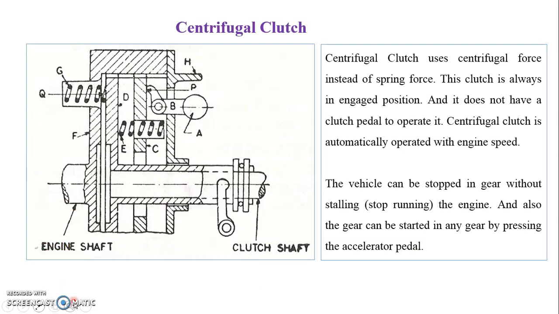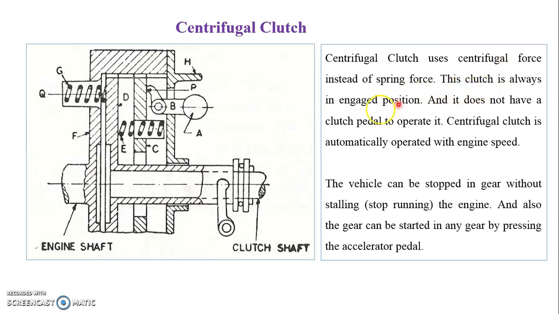The centrifugal clutch uses centrifugal force instead of spring force. In this case, spring force is avoided for the engagement and the disengagement of the clutch. Totally here centrifugal force is used instead of spring force.